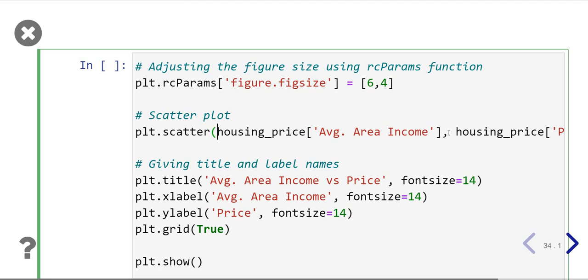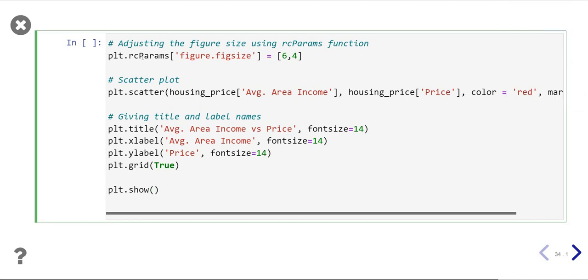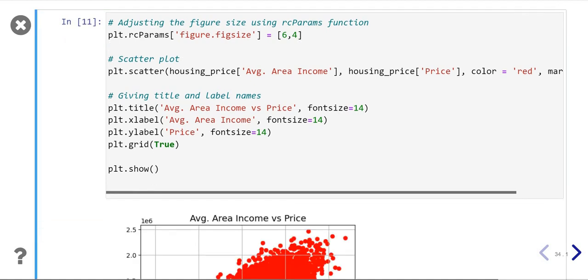The x-axis and y-axis are the same. The color red and marker also keep the same. The title, x label, y label and grid are the same. Then you can show the plot. The only things you change here are the one you added to set the figure size, and the scatter. Others are the same thing, right? So let's see when it shows.